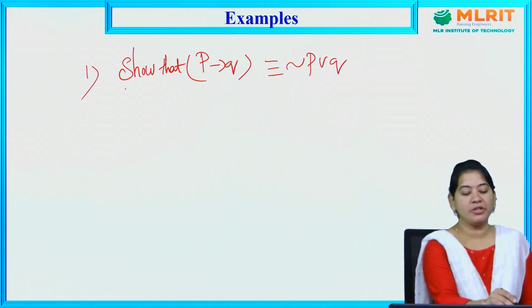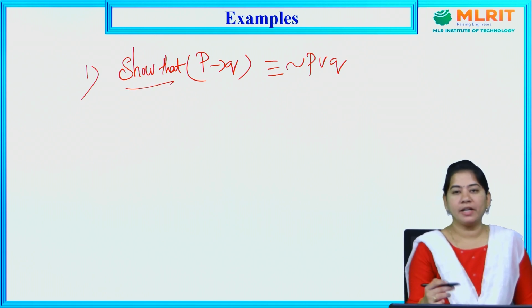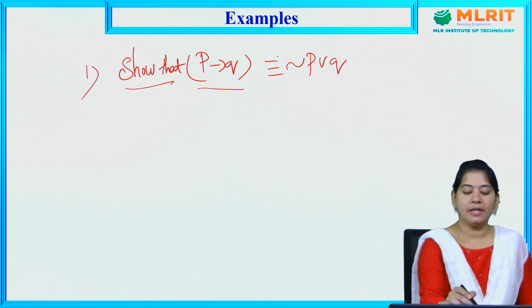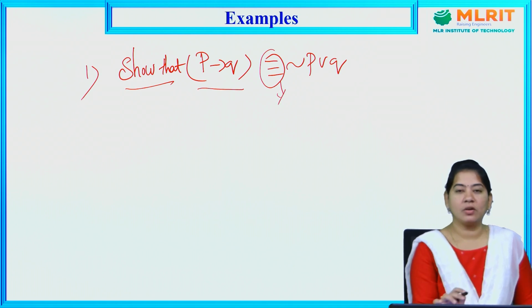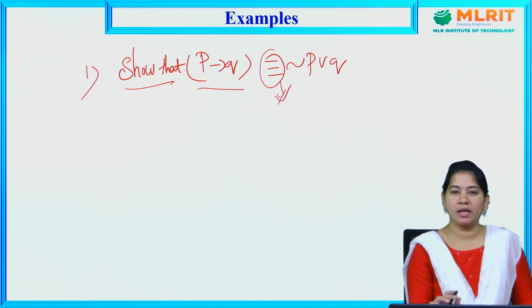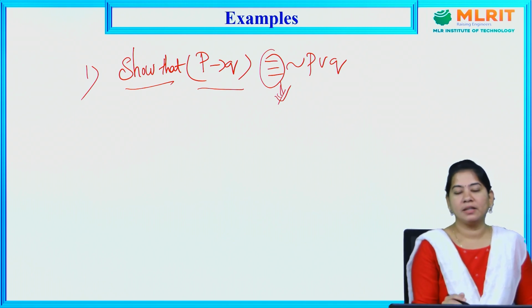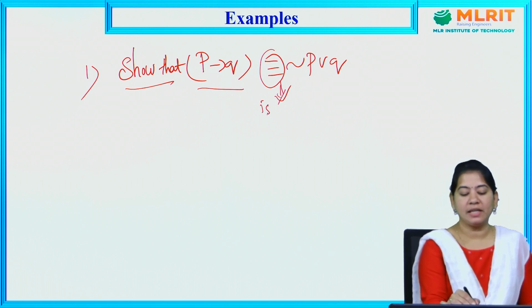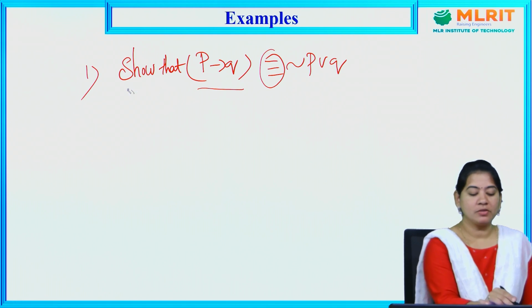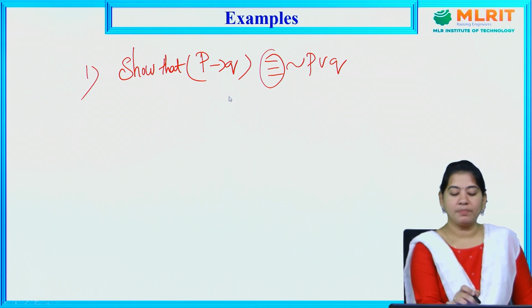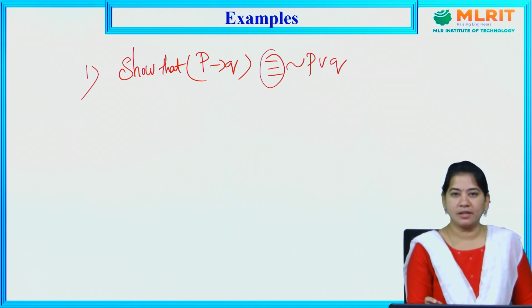Sometimes the question will be to show that, or sometimes to verify whether P implies Q is logically equivalent to negation P or Q. This is the symbolical representation, and from it you have to understand that it is a logical equivalence. Sometimes the questions can also be theoretical, like is logically equivalent to. So let us solve this question: show that P implies Q is logically equivalent to negation P or Q.